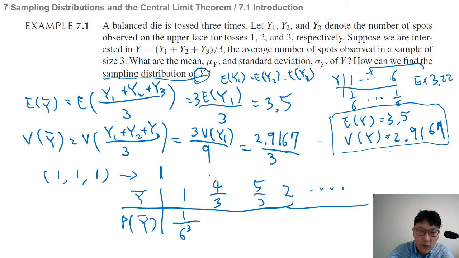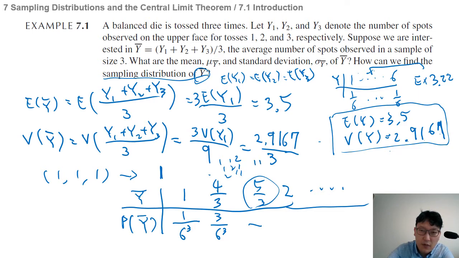And for 4 over 3, it's 1 1 2, 1 2 1, 2 1 1, so three possible simple events, 3 over 6 to the 3. And what about 5 over 3?